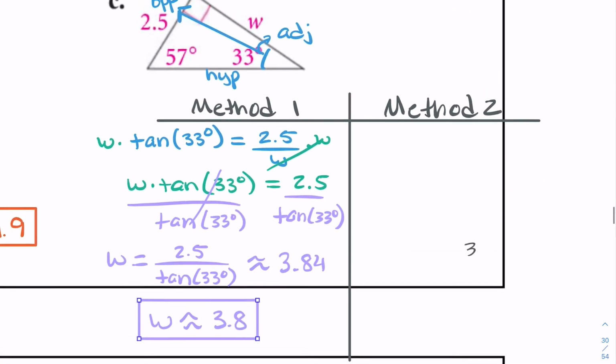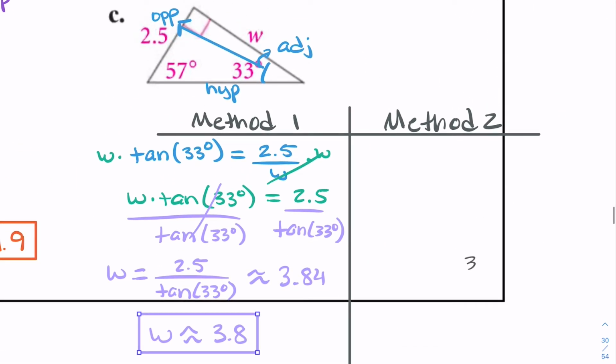Okay, so that's one method. Here's method 2. Right here we have this as my opposite. Well, this is my adjacent side. So this is the hypotenuse.